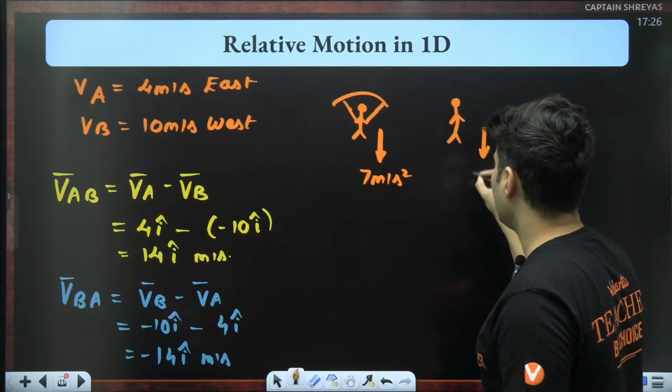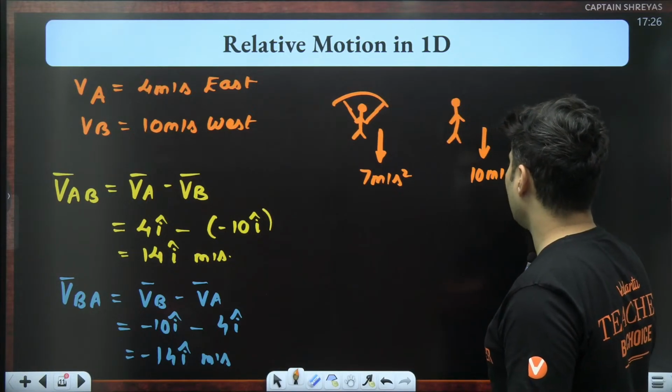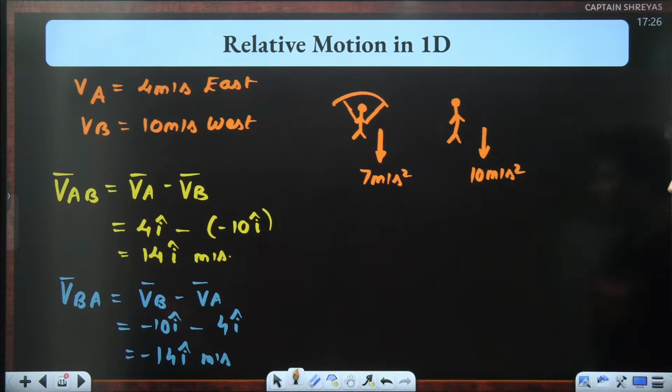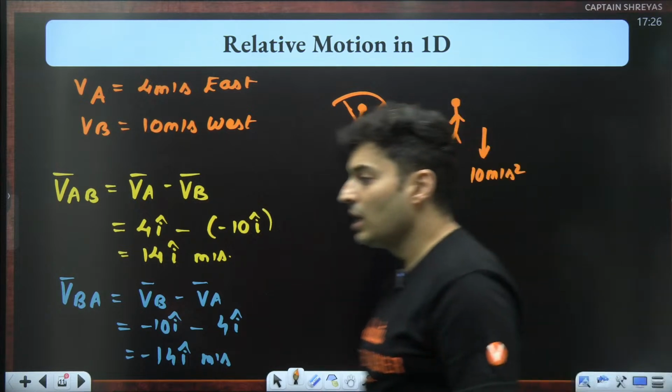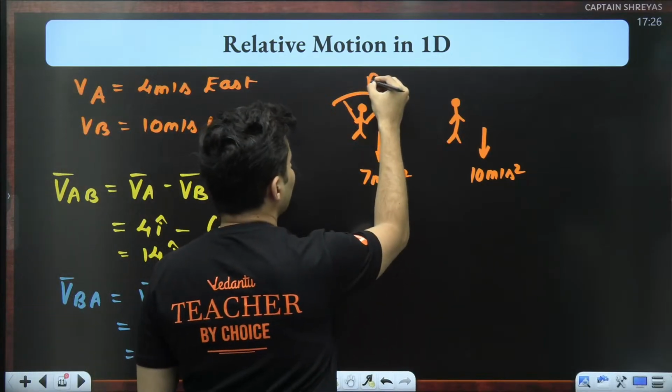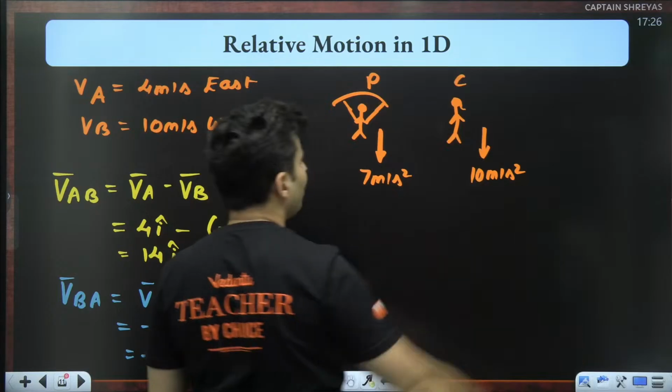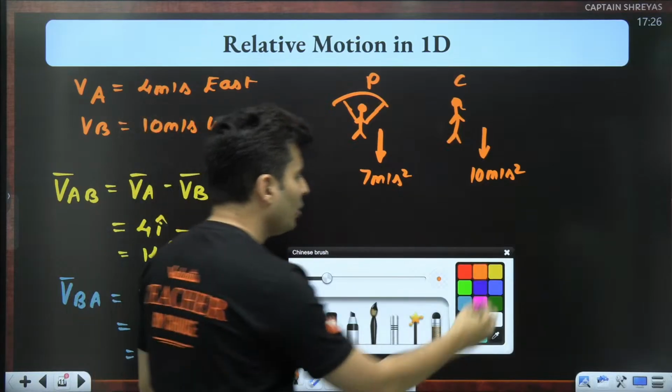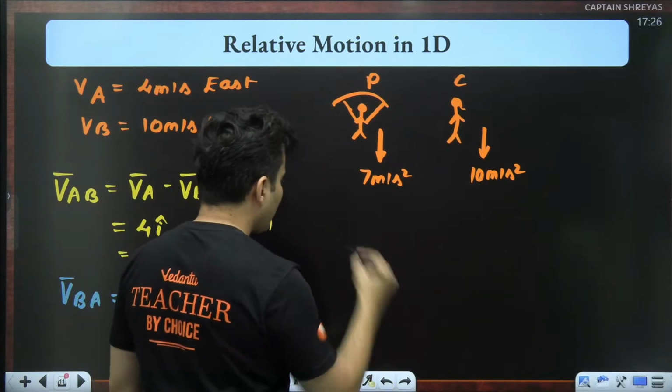So his acceleration due to gravity will be 10 meters per second square. Is that right? So now if I ask you to find the relative acceleration of this Pandu, let's say this is Champa, with respect to this Champa. So how do you find out? Let's find it out, guys.